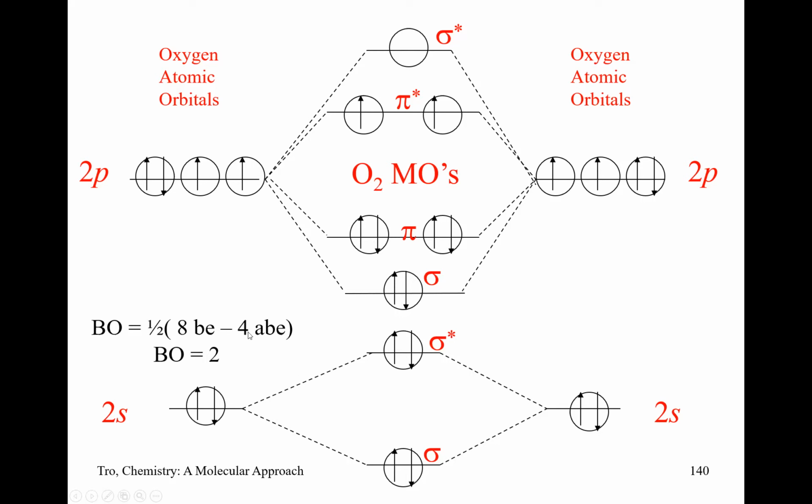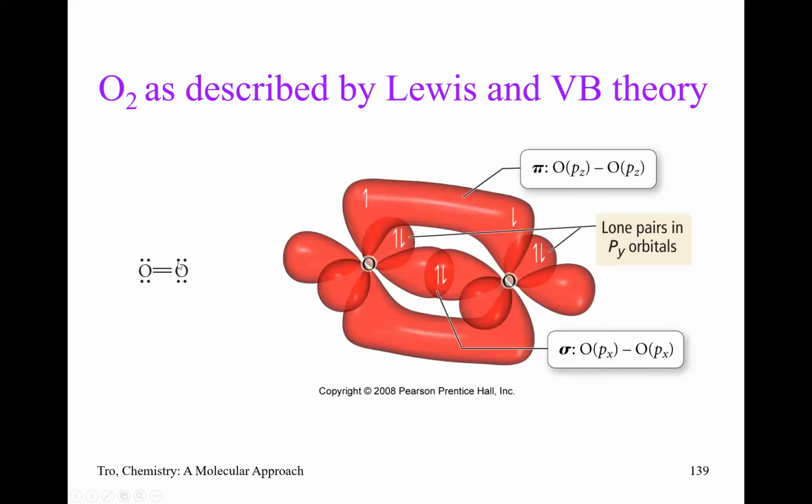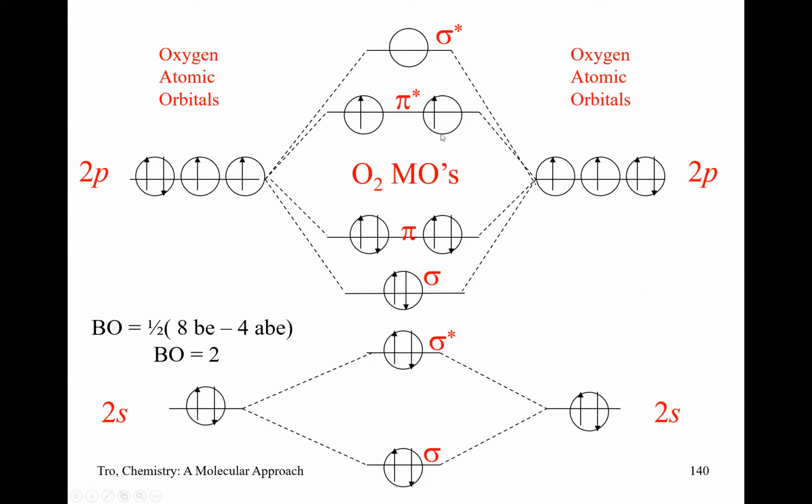So 8 minus 4 is 4, divided by 2 gives us a bond order of 2, which we already knew from the Lewis, right? A double bond, and valence bond matched: a sigma and a pi. But now molecular orbital theory explains the magnetic behavior.